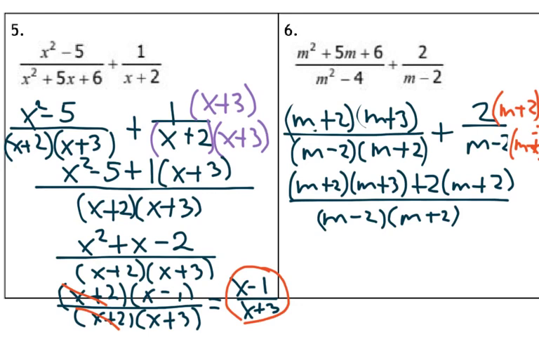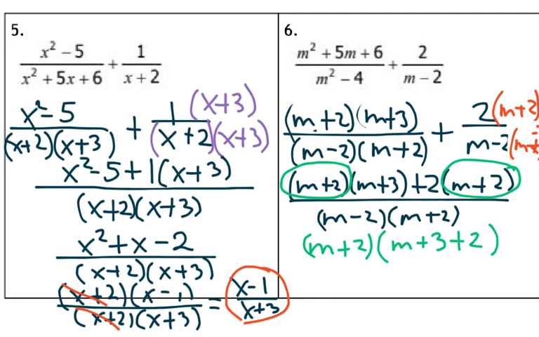And now in this expression, notice here I have m plus 2 and m plus 2 as a common factor. So I can factor that out. And the remaining factor is going to be m plus 3 plus 2 over my denominator of m minus 2, m plus 2.